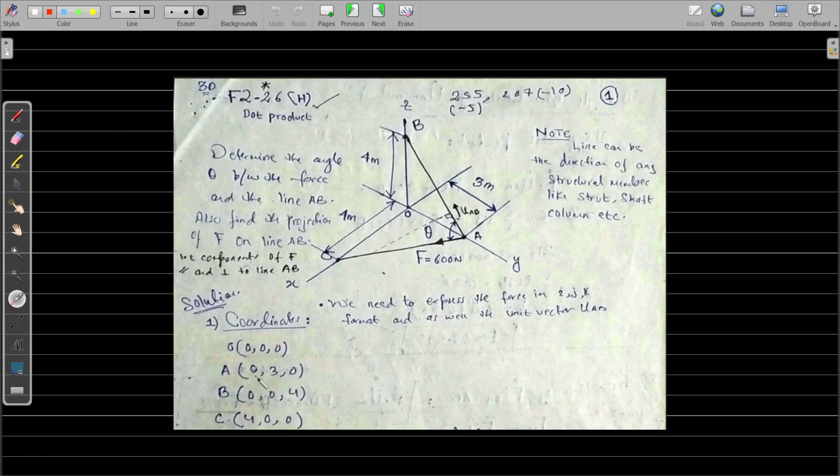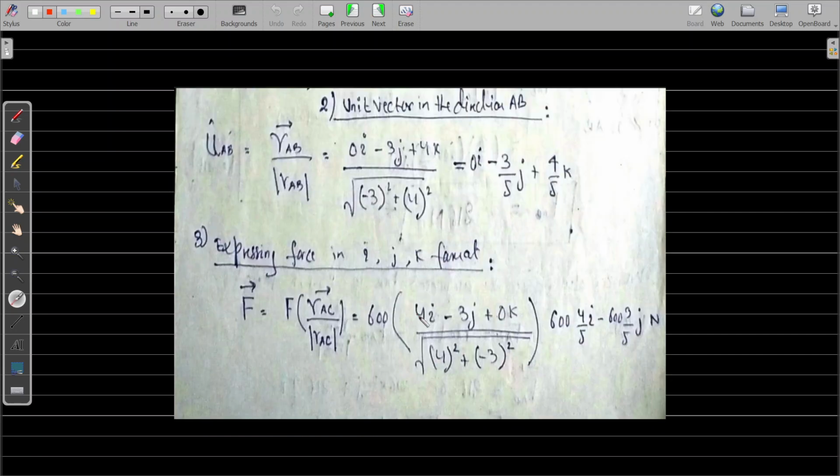So 4 minus 0 will be the i, 0 minus 3 will be the j, which is minus 3j, and 0 minus 0 will be 0k. So you can see it is 4i minus 3j plus 0k. Okay, very simple, 4i minus 3j plus 0k.